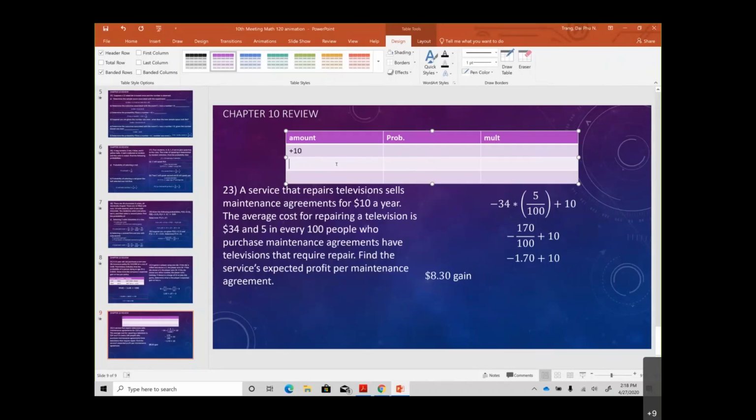You see that the service provider, if there's nothing going on, will gain $10 per agreement. If he loses, does he really lose $34? You look at this and say, if he loses $34, but he's not really losing $34 here. Why?